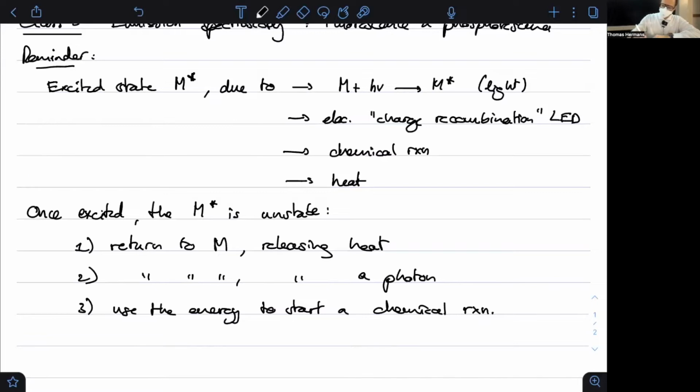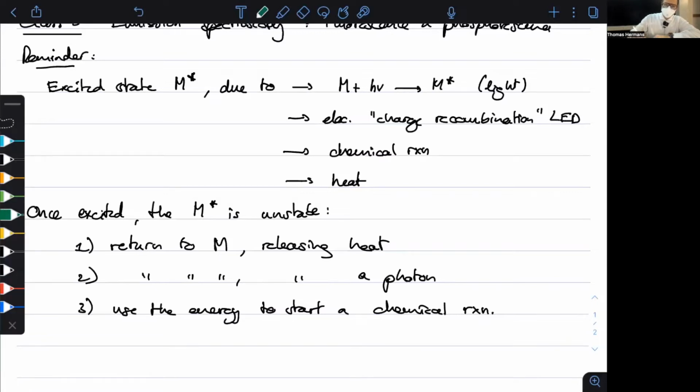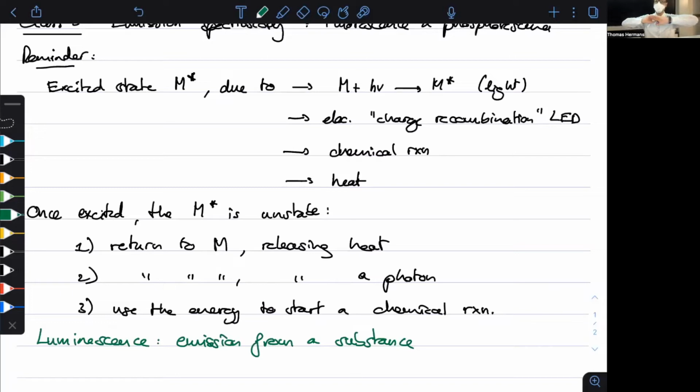Okay, so definitions. Luminescence is emission from a substance. That's very broad. Any light that comes out of any material, you call it luminescence. So within luminescence, you have fluorescence and phosphorescence and other things that we'll see later.